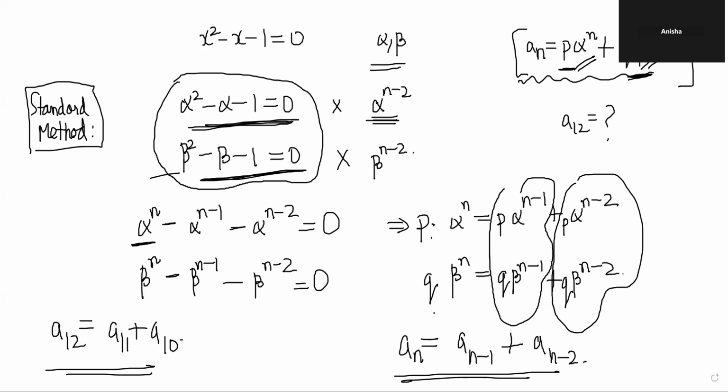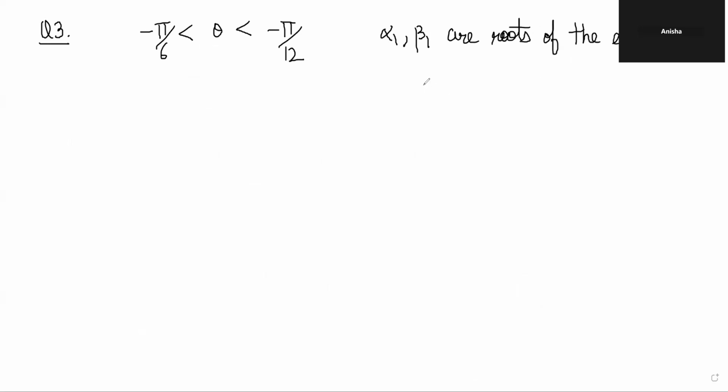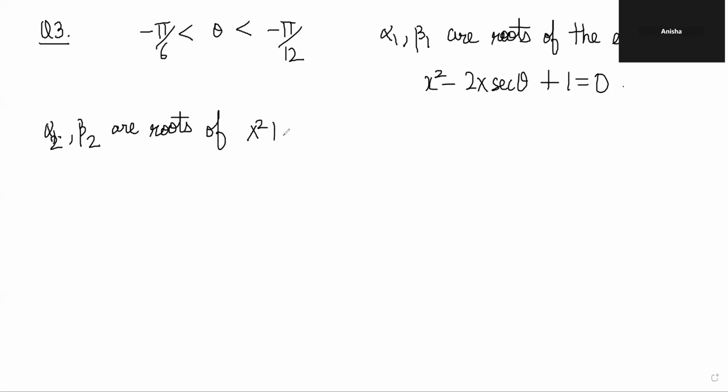Next one. Next one is minus pi by 6 is less than theta is less than minus pi by 12. Suppose alpha 1 and beta 1 are roots of the equation x square minus 2x sec theta plus 1 equals 0, and alpha 2 and beta 2 are roots of x square plus 2x tan theta minus 1 is equal to 0.